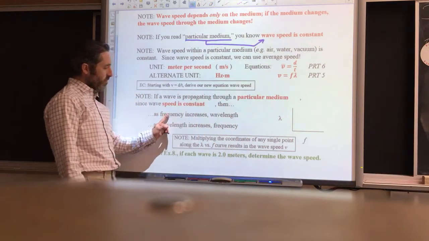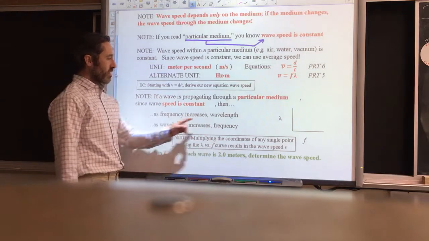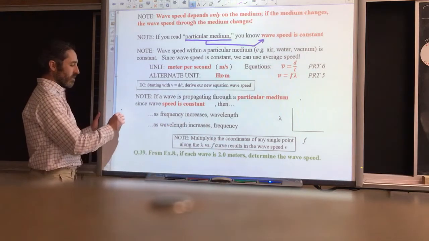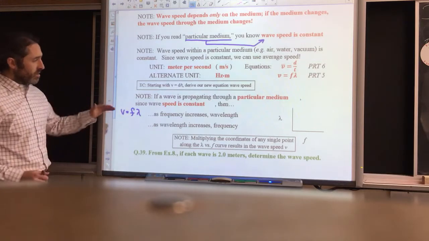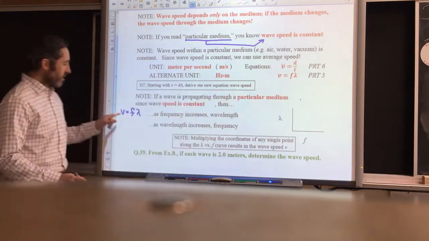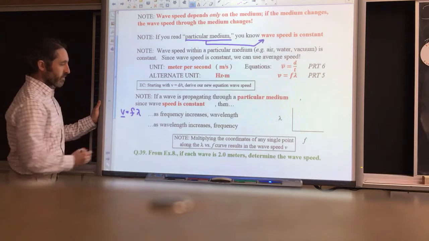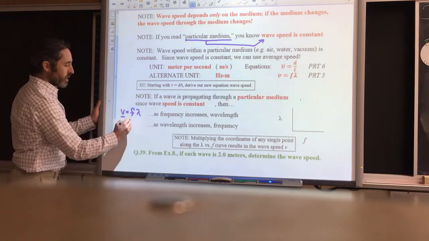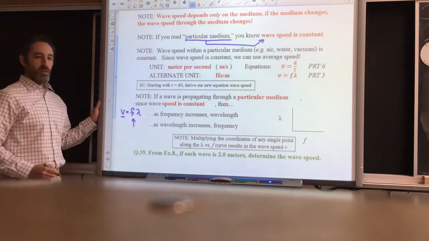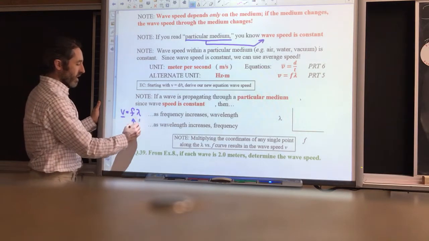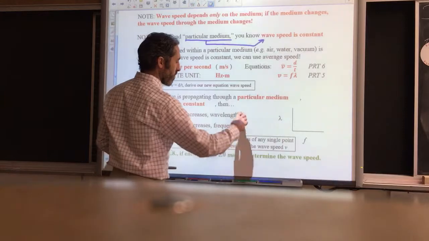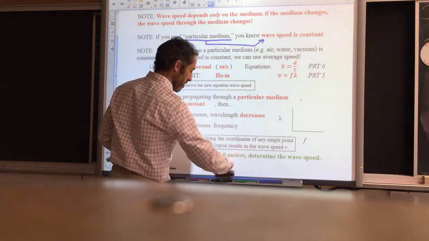This asks us how frequency and wavelength respond to this. Well, if you look at the equation, V equals frequency times wavelength, if you're in a particular medium, this wave speed has to stay the same. If the frequency goes up, what has to happen to the wavelength? There it is. It has to go down to balance it out. That wavelength will have to decrease.